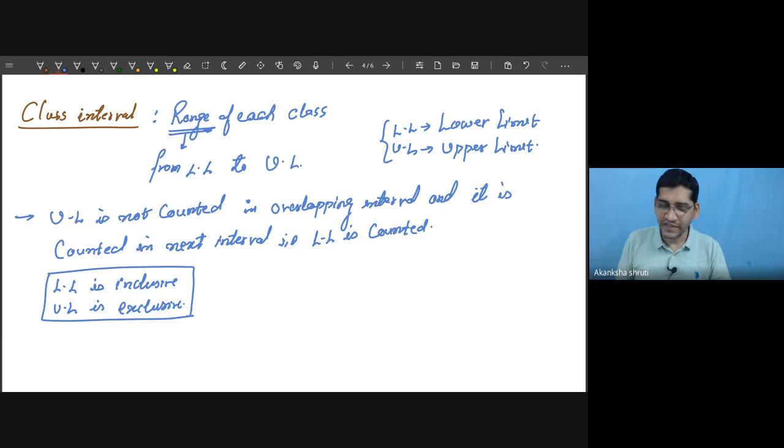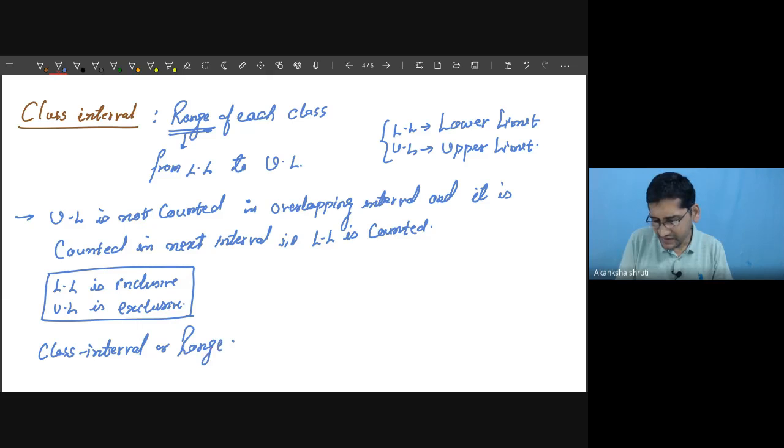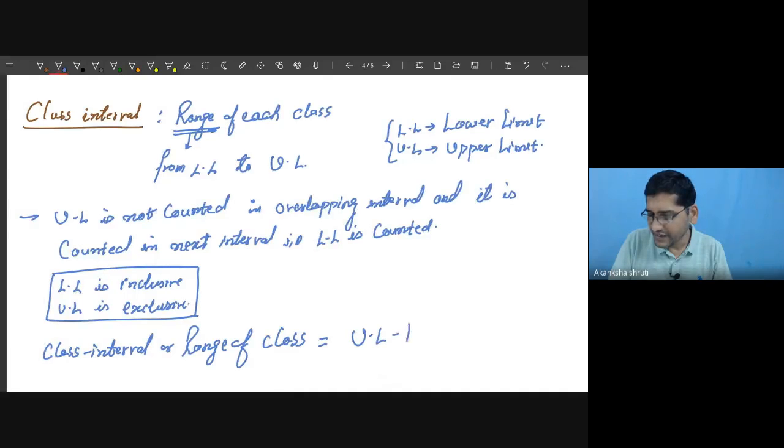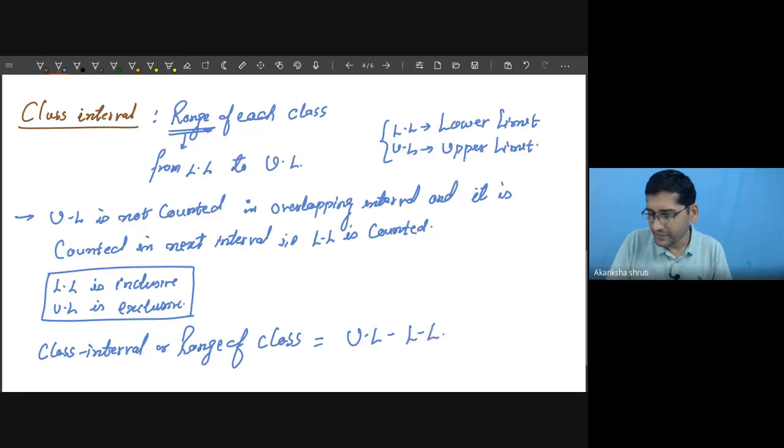Another one is called the class interval or class range. This class interval, or range of class, is obtained by upper limit minus lower limit.